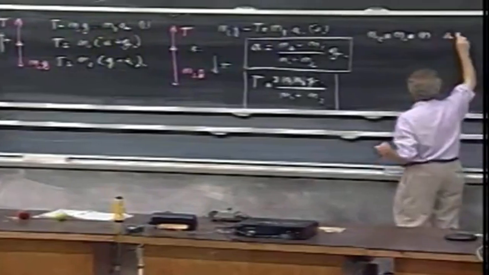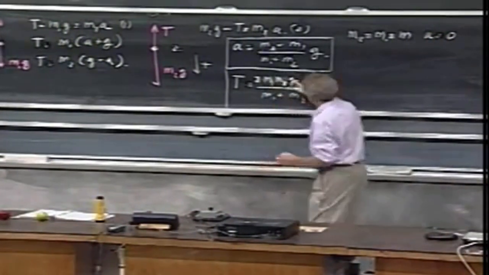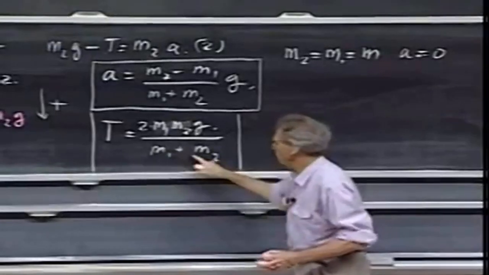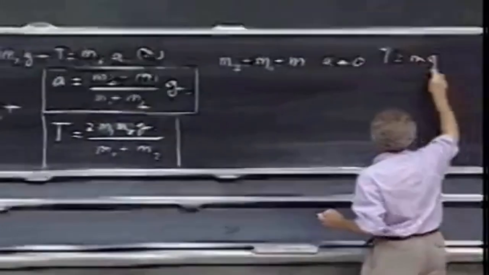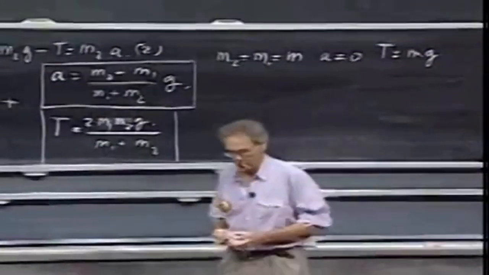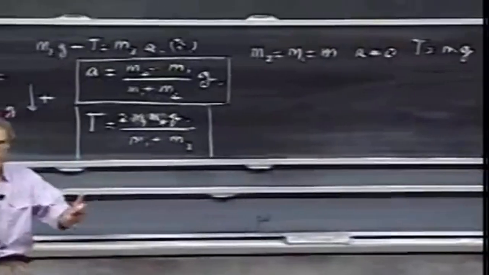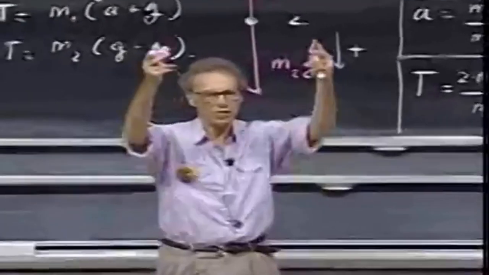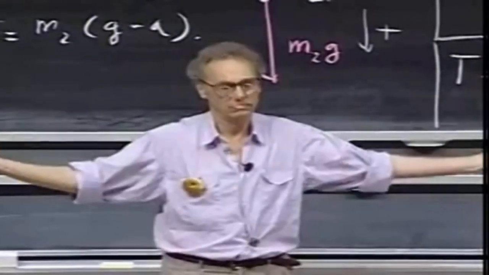Notice that a becomes 0, and if you substitute m for m1 and m2, you get 2m, you get mg. So T becomes mg. That is utterly obvious. If m1 and m2 are the same, nothing is going to happen. They're going to sit there, the acceleration will be 0, and the tension on both sides, which is always the same, we argued that, is going to be mg.